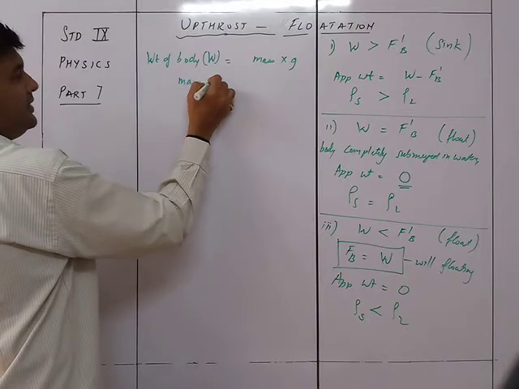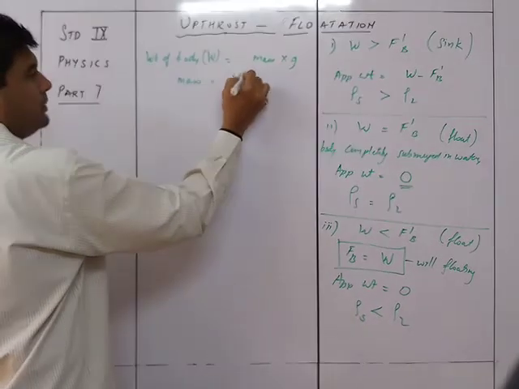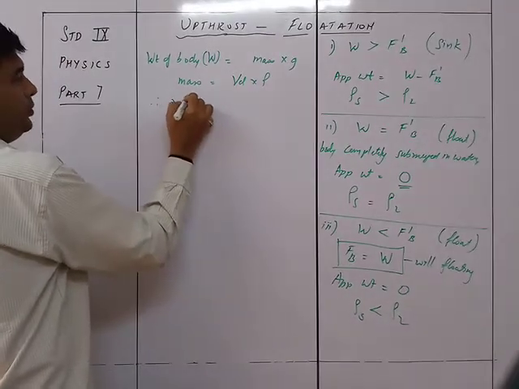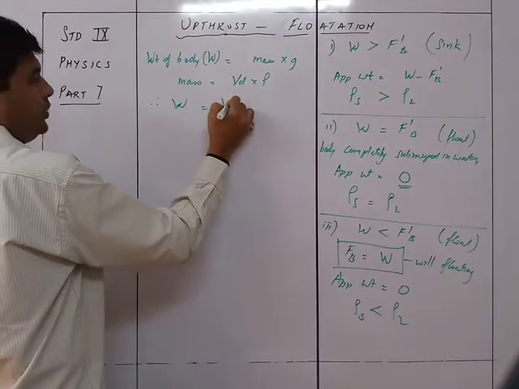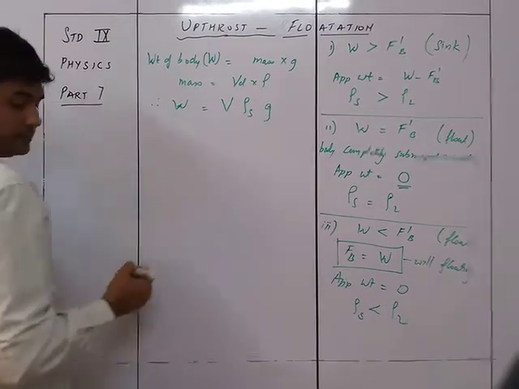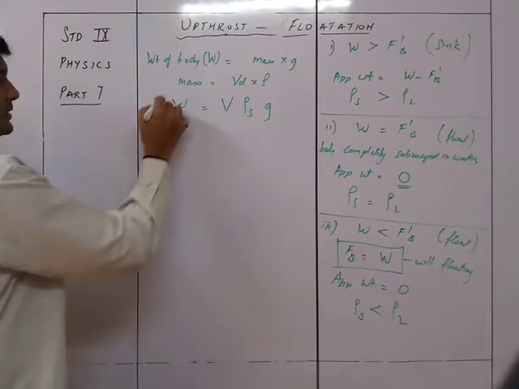Mass is equal to volume into density. So therefore W is equal to volume V into density rho S into g. This is W.